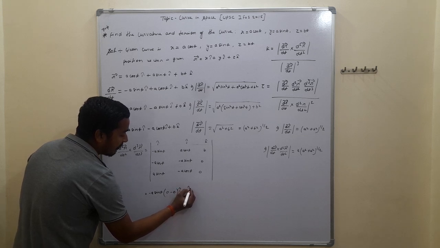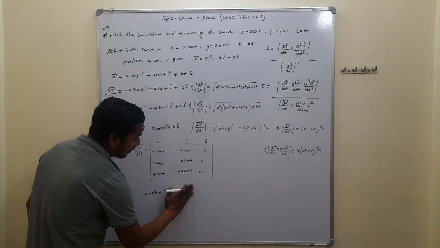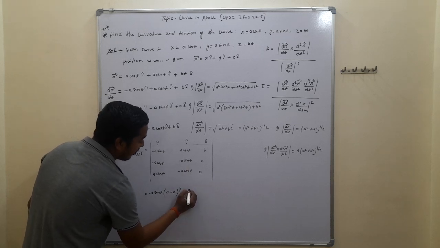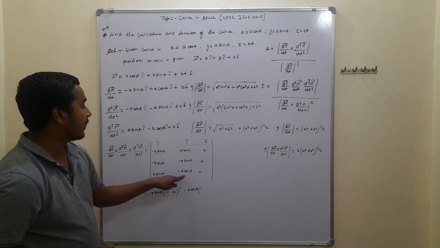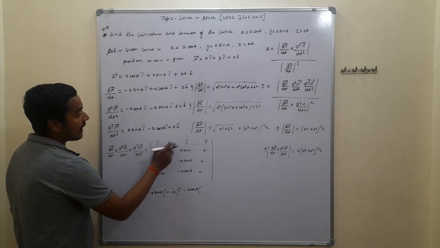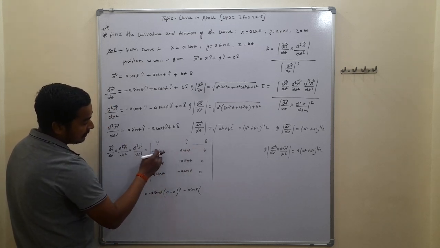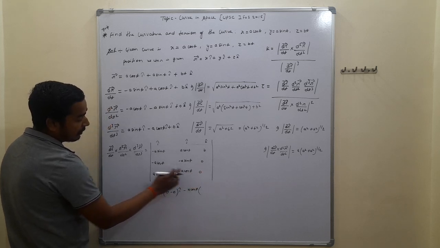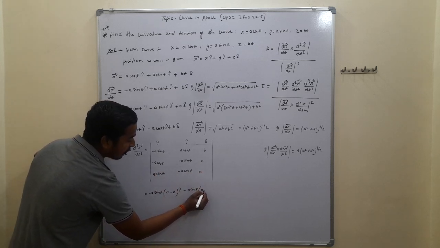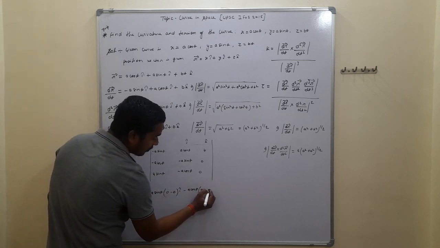And for j cap, when we solve for j cap, this is a cos t, and this column is eliminated, we take the operation between i and k. When we multiply 0 with a cos t, this gives 0, and 0 multiplied with a sin t also gives 0.